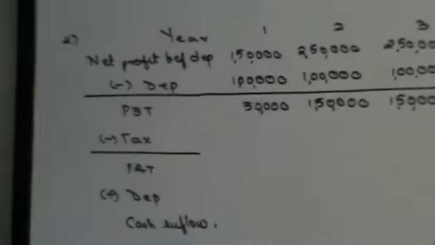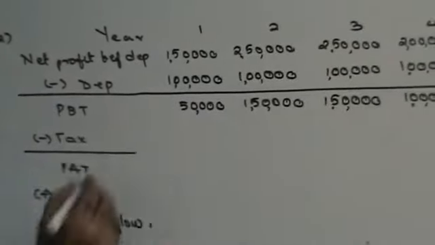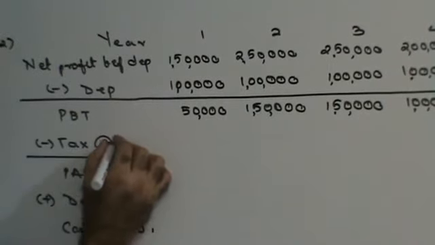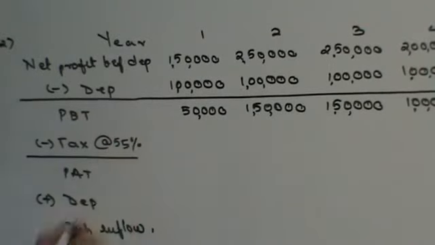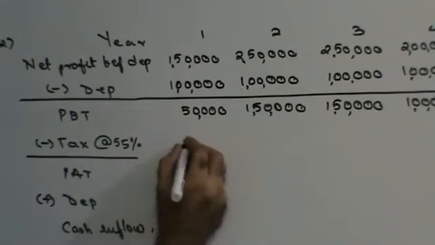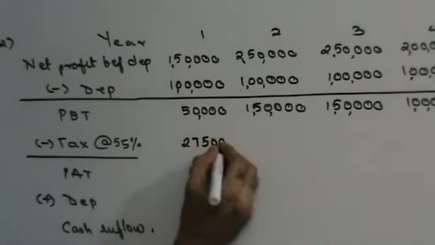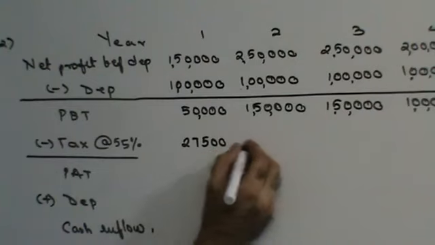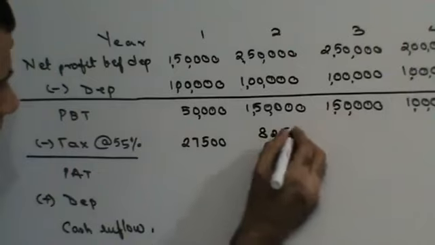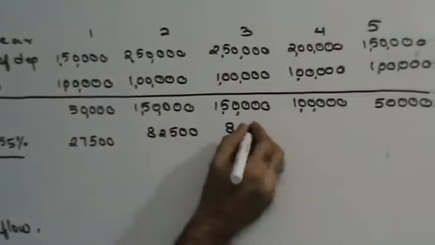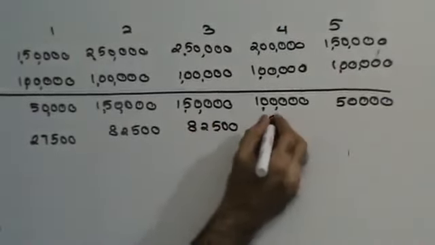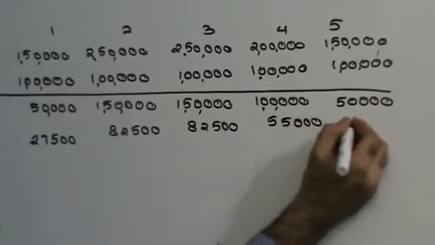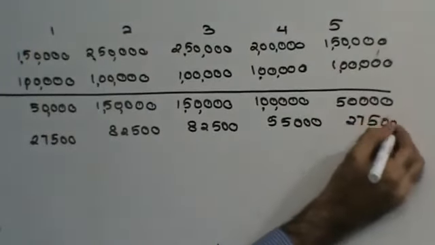Right? Less tax. Tax is given to you at the rate of 55%. Right? 55% of this 50,000 is 27,500. Of 1,50,000 is going to be 82,500, 82,500, 55,000 and 27,500.